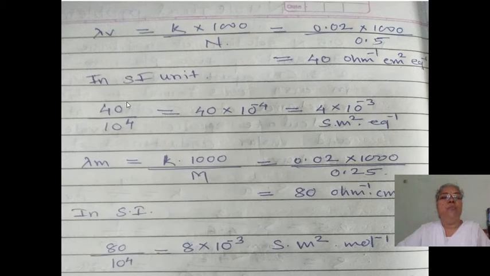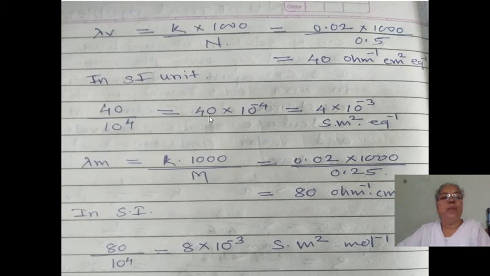And for the SI unit, this value 40 is divided by 10 raised to 4, because here the ohm inverse centimeter inverse into equivalent inverse is 10 raised to 4 times in the SI unit.